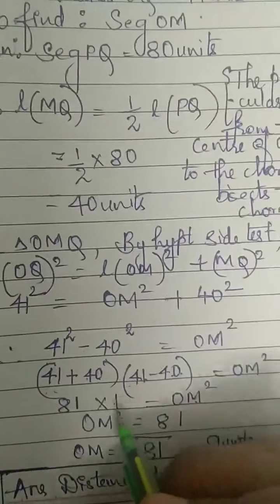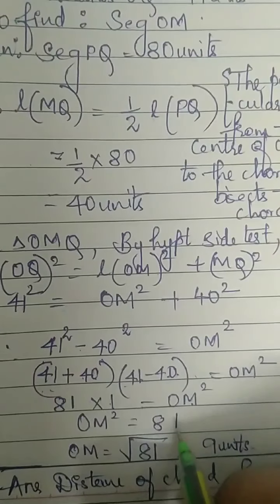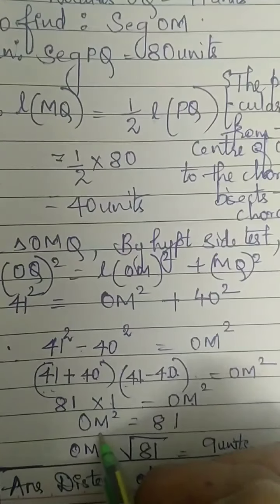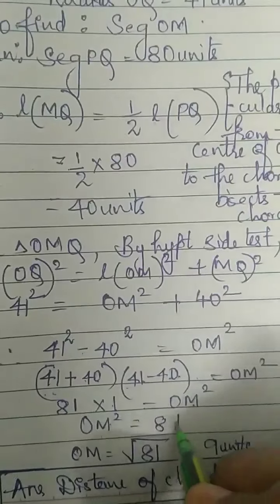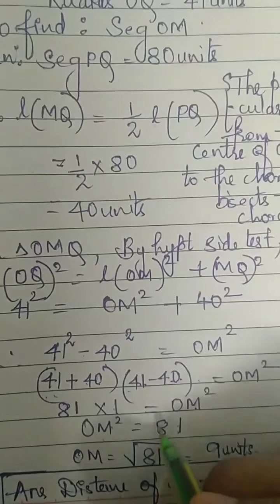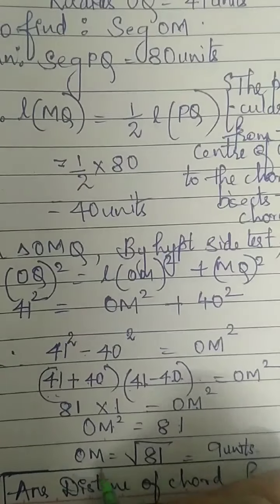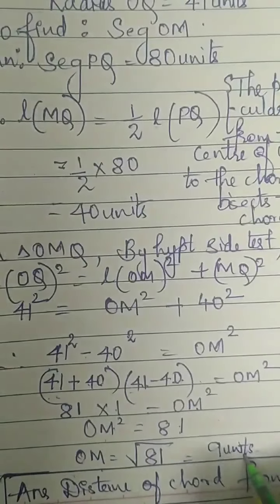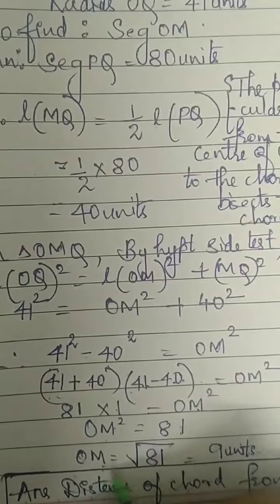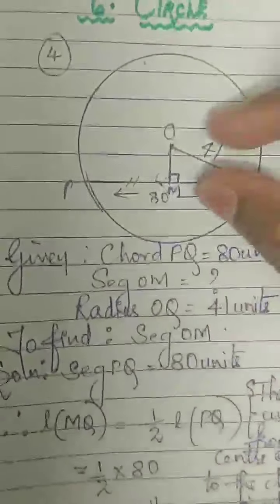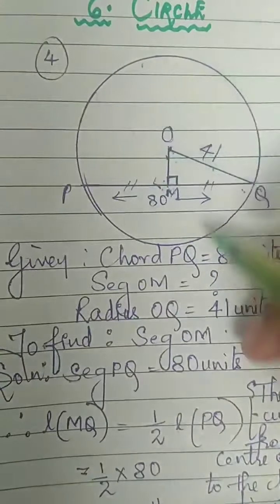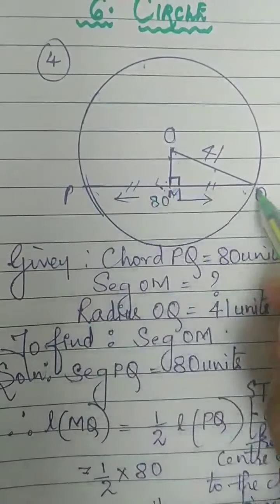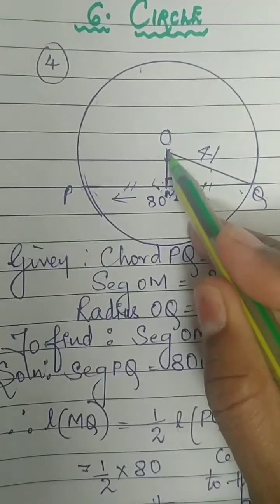So OM square is equal to 81. OM square goes to the opposite side and it will become square root. OM is equal to root of 81. Square root of 81 is 9 units. So we got OM as 9 units. This OM is nothing but distance of chord PQ from the center.